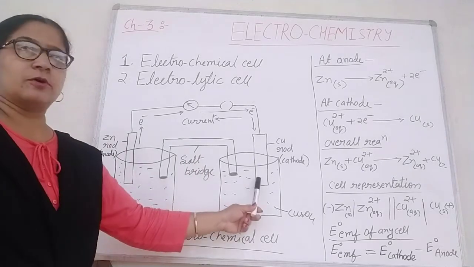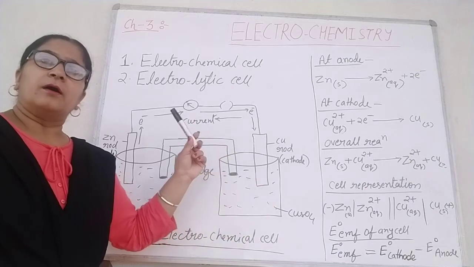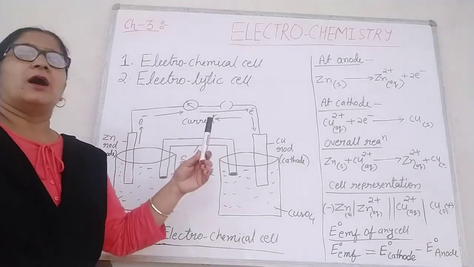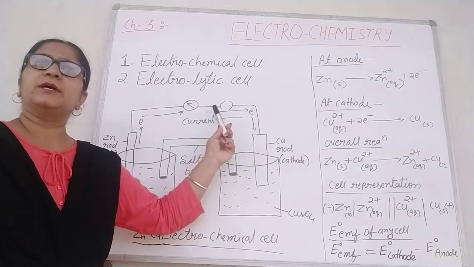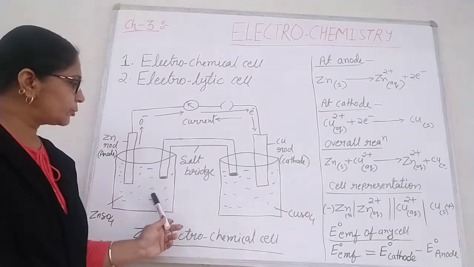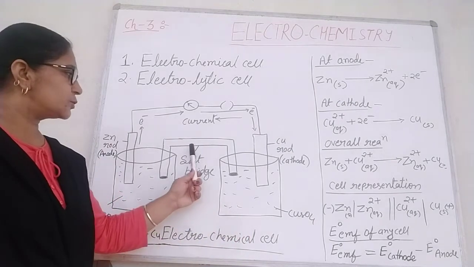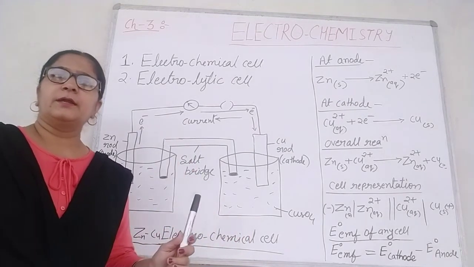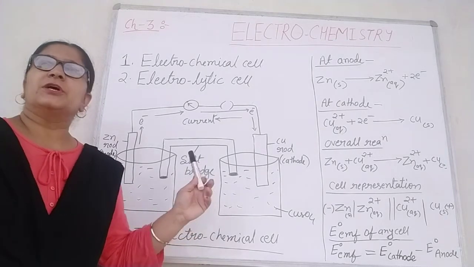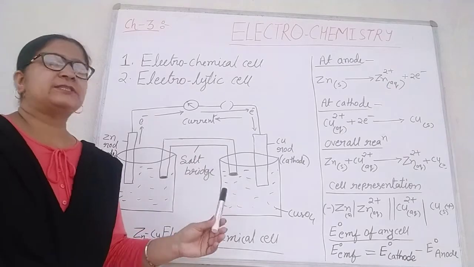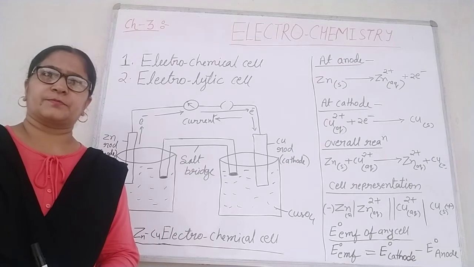Both the electrodes, zinc rod and copper rod, are connected by a wire and galvanometer along with the switch. The two electrolytic solutions are connected through a salt bridge. Here, salt bridge is a U-shaped tube which is filled with potassium chloride or potassium nitrate with agar-agar.